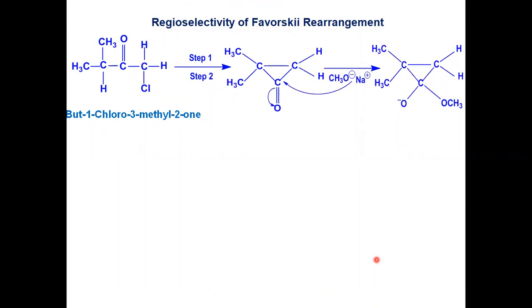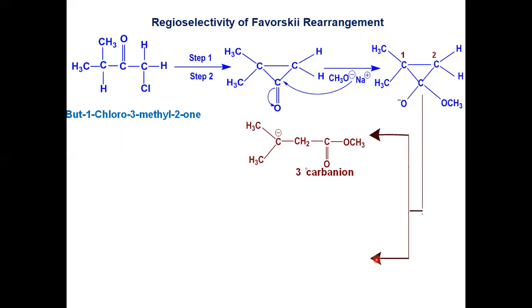Now, this oxyanion will convert into carbanion 2, and the regioselectivity of the reaction depends on the stability of the formed carbanion. There are 2 carbons, first and second, to which the electron pair can transfer, and they can convert into carbanion. If the electron pair is transferred to the first carbon, there will be the formation of a tertiary carbanion, which is less stable.